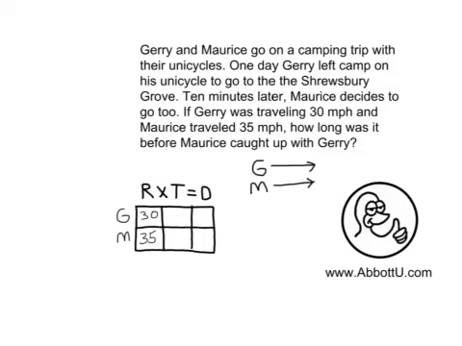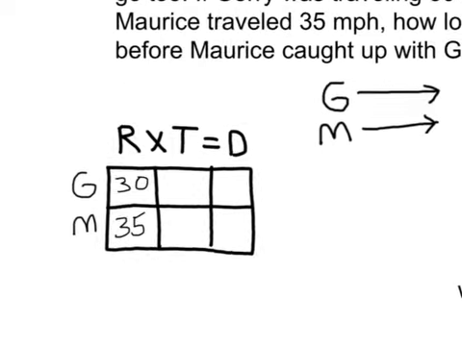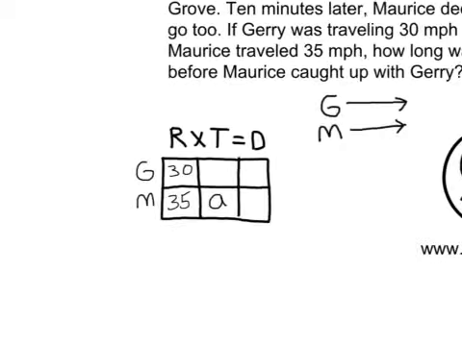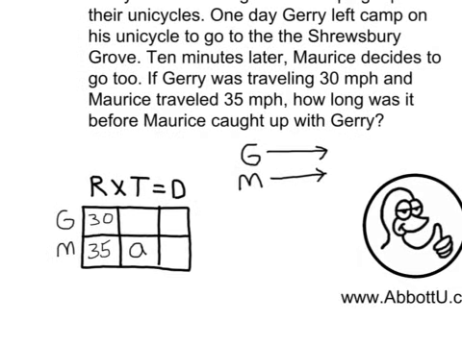As far as this table goes, that's represented in this cell right here. Since that's what we want to find out, we're going to represent that with a variable. We've been using x, but we're going to get crazy and use an a because I'm bored with the x. Once we find out what a is, we are done with this problem.